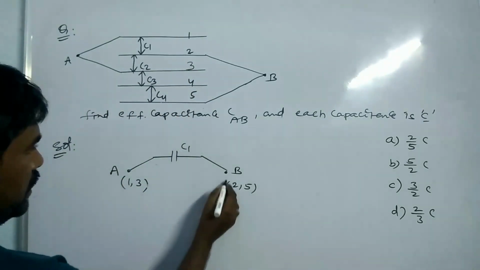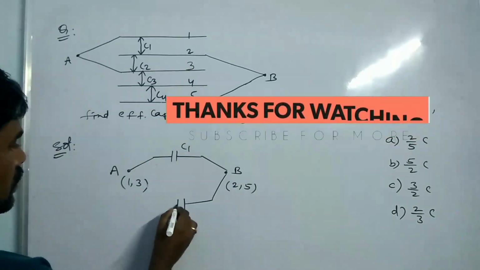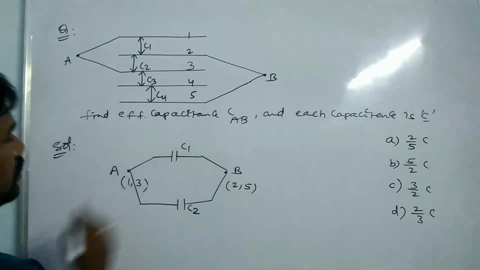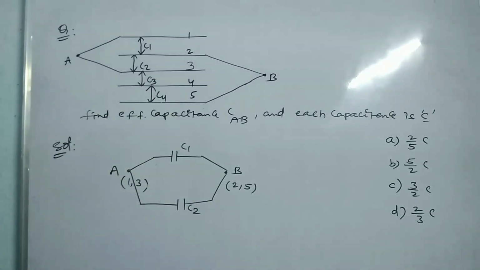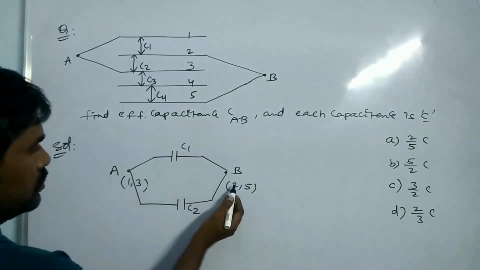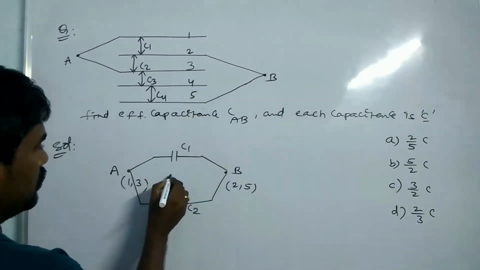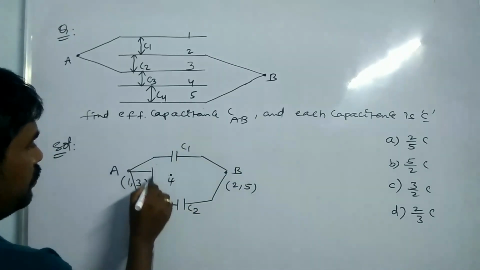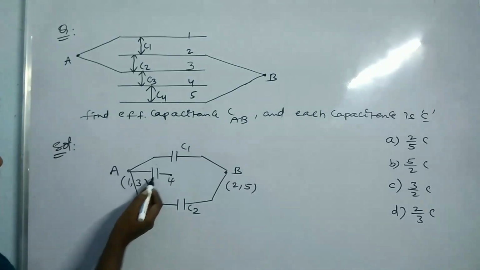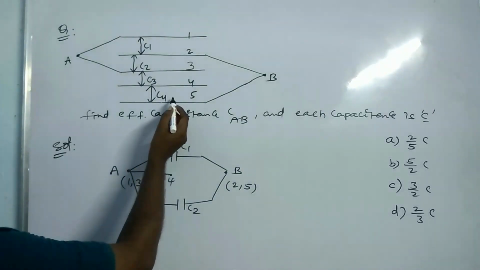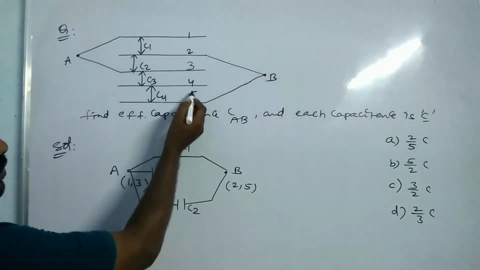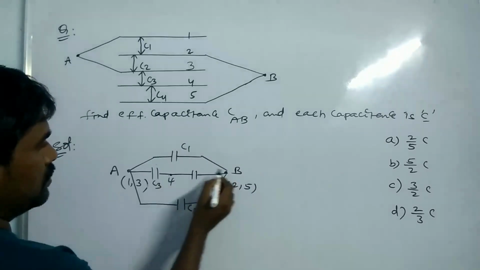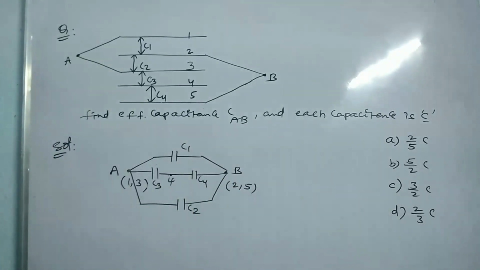For C3, between 3 and 4, let there be a fourth point, and between 3 and 4 there is capacitor C3. Another capacitor C4 is between 4 and 5. Simple. Clear?